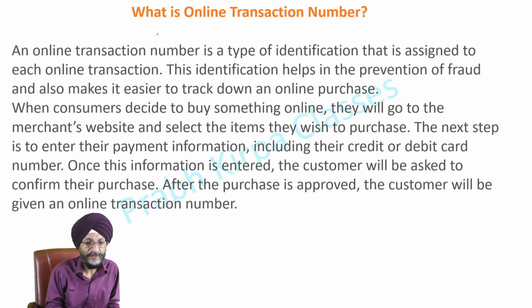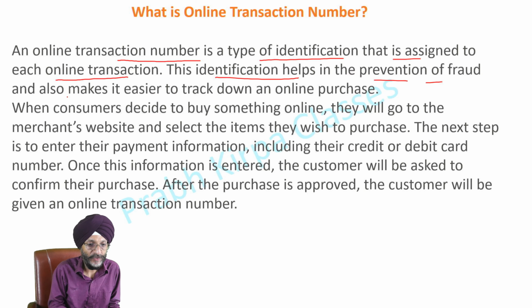First is, what is an online transaction number? An online transaction number is a type of identification that is assigned to each online transaction. This identification helps in the prevention of fraud and also makes it easy to track down an online purchase.